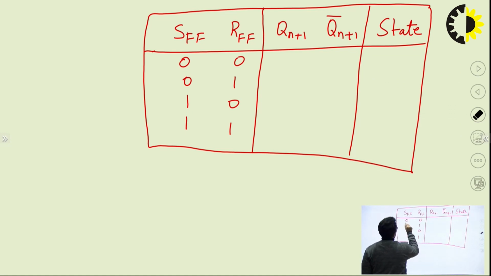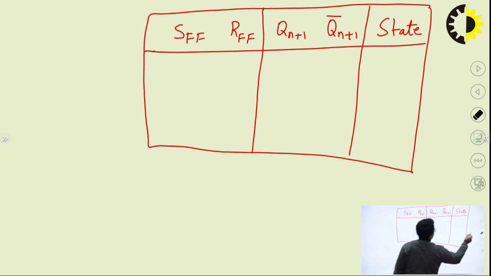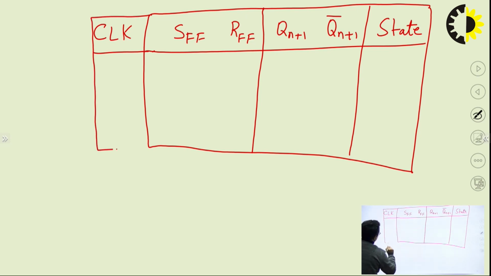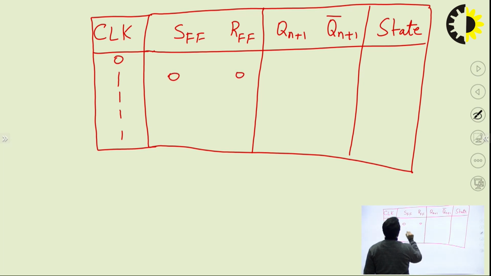So we will write the clock, and this is your clock, because we have to understand how your flip-flop responds when we are not applying a clock and how it is responding when we are applying a clock. So this is 0, and for the remaining 4 we will consider 1.